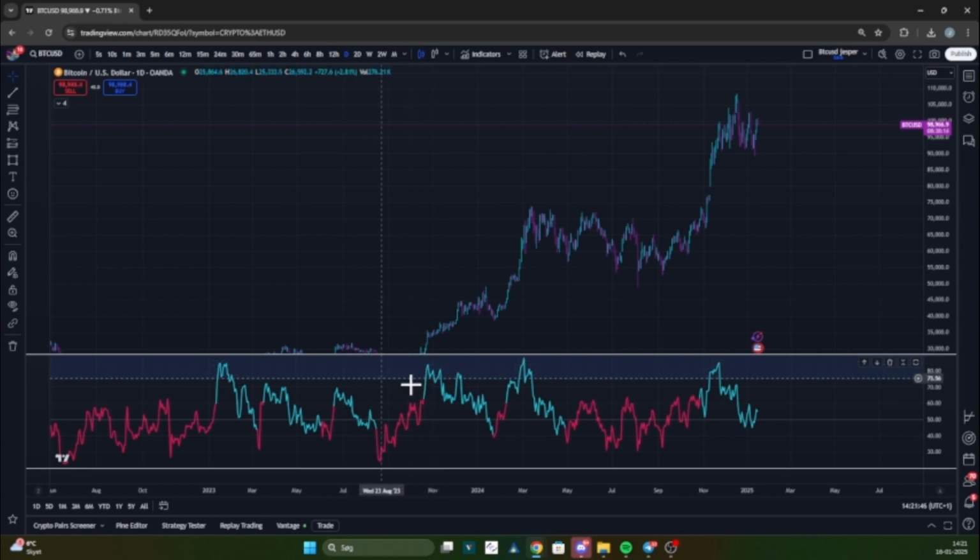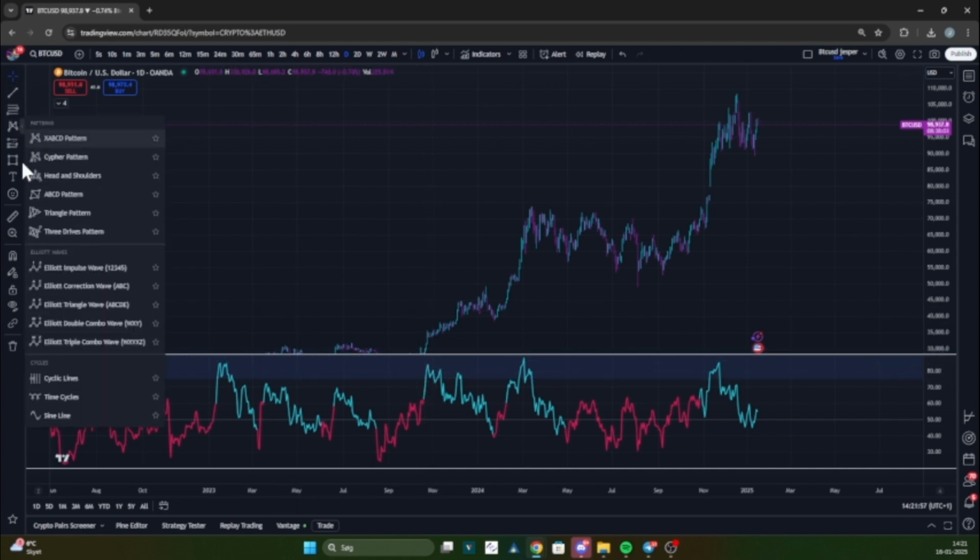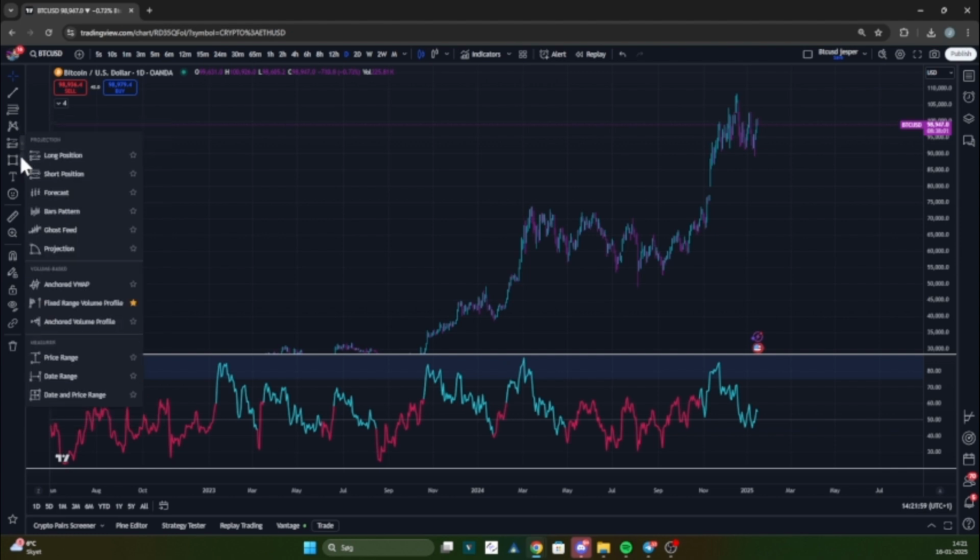Therefore, I have highlighted it with a color. And as we see here, when we break above the 74, 75 area, we actually see price having an accelerated momentum to the upside.